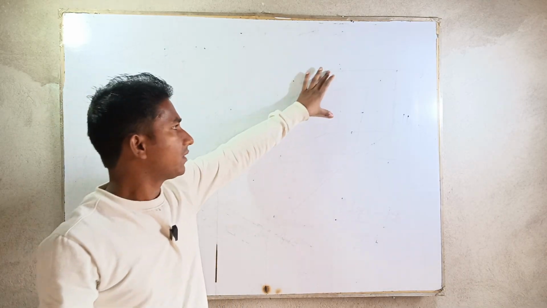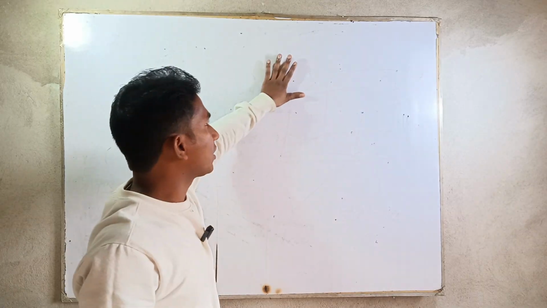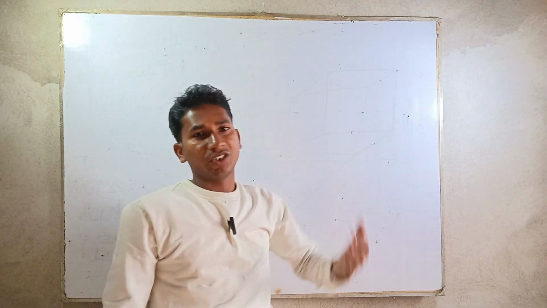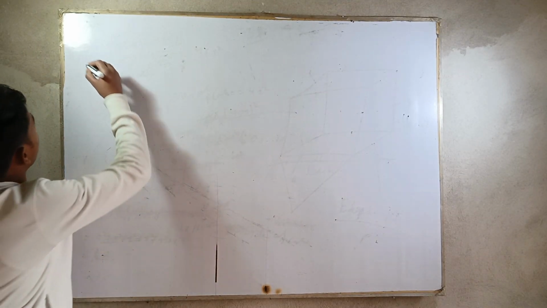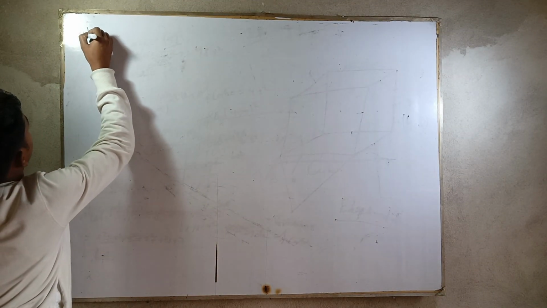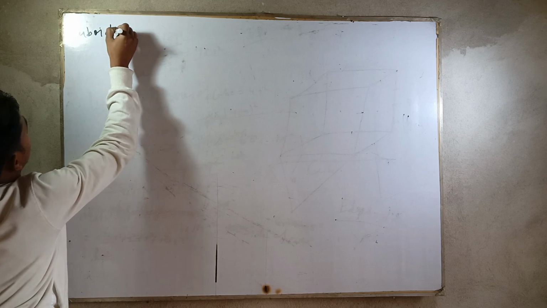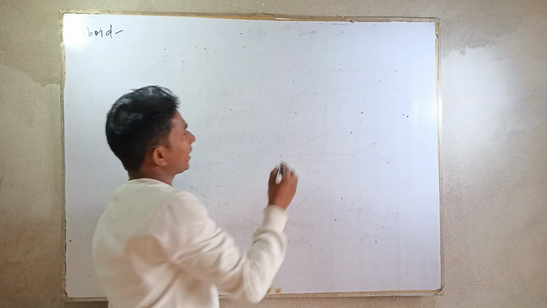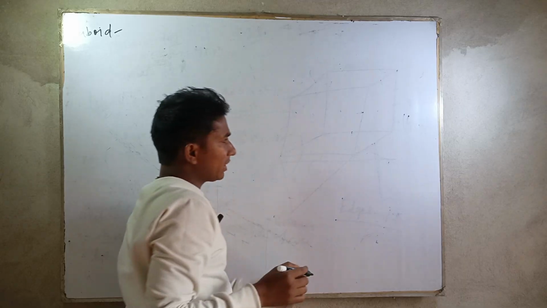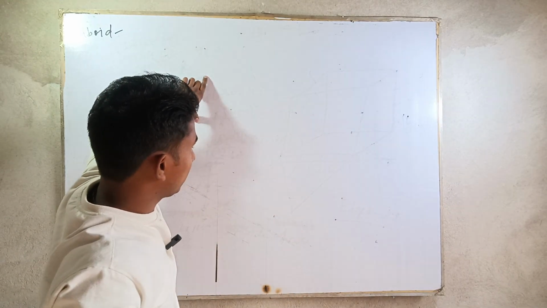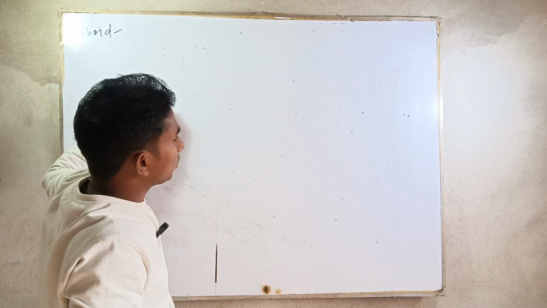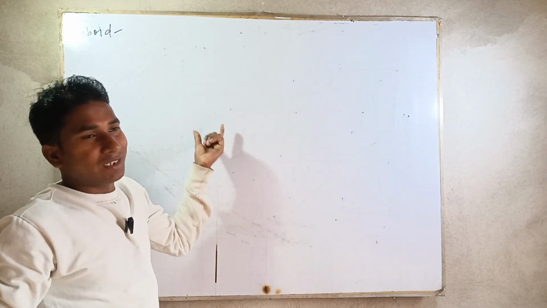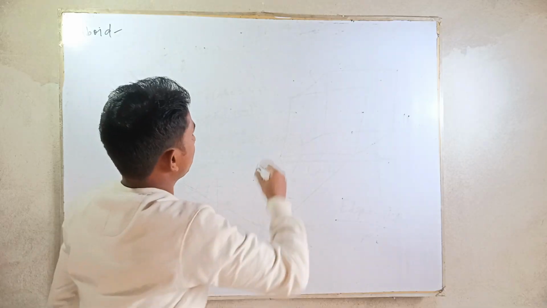If you have any doubt related to these types of questions, I am ready to explain again. So next is, what is cuboid? In a cuboid, length, breadth and height, all three are different.